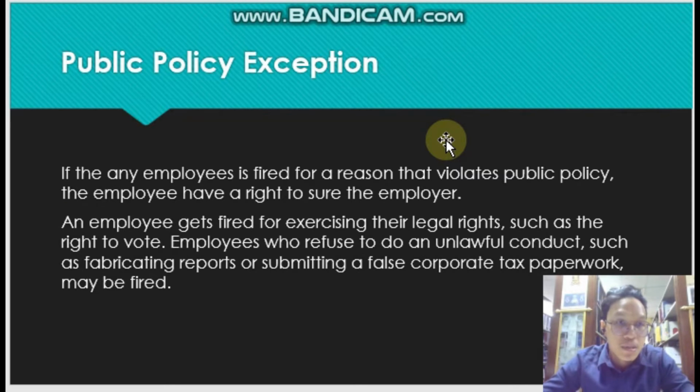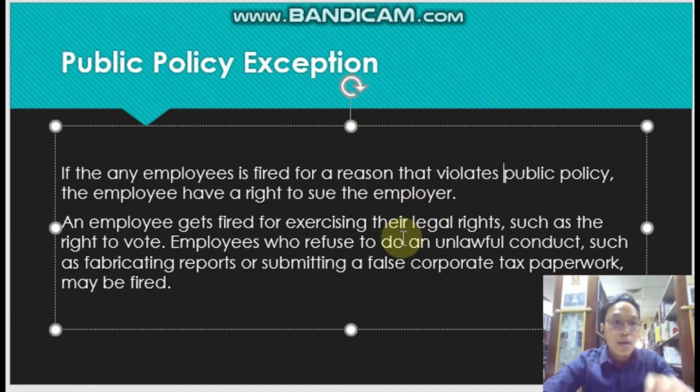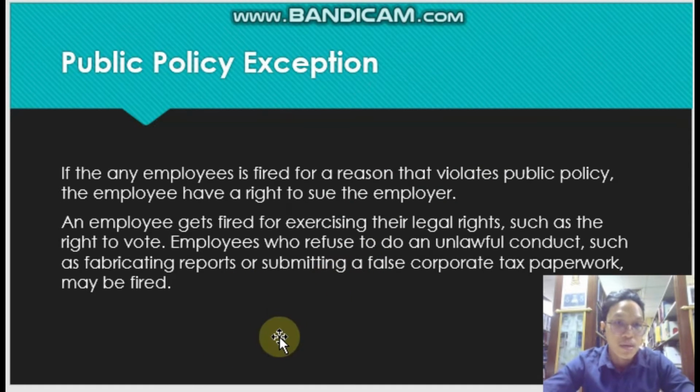So the public policy exception is when an employee is fired for a reason that violates public policy, and the employee has the right to sue the employer. For example, an employee gets fired for exercising their legal rights, such as the right to vote.